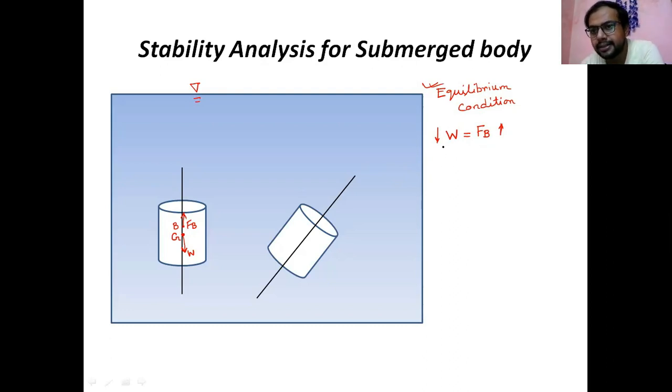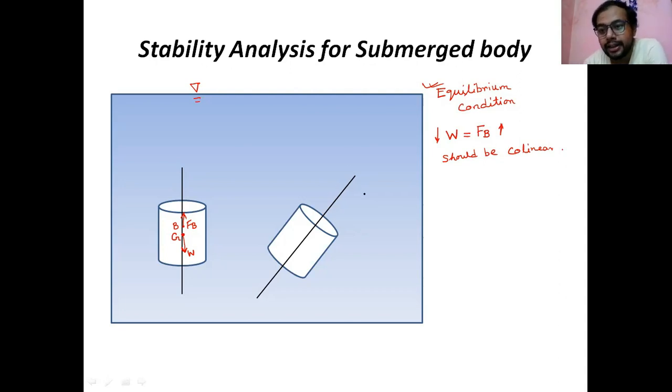Now the net moment balance: these two forces should be collinear. If they are collinear, in the same line, the line of action is the same, so there is no problem. The body is then in perfect equilibrium.